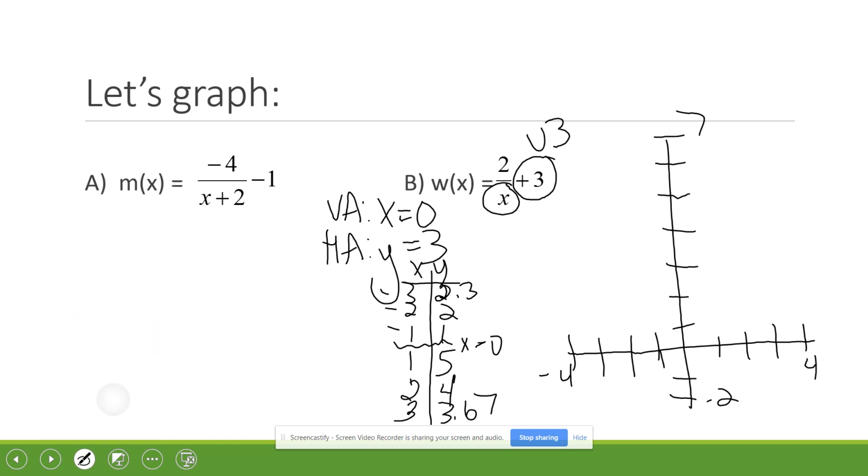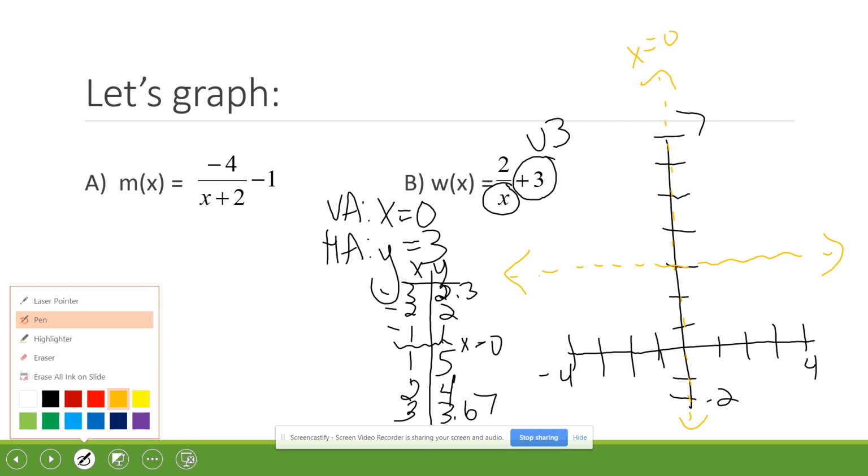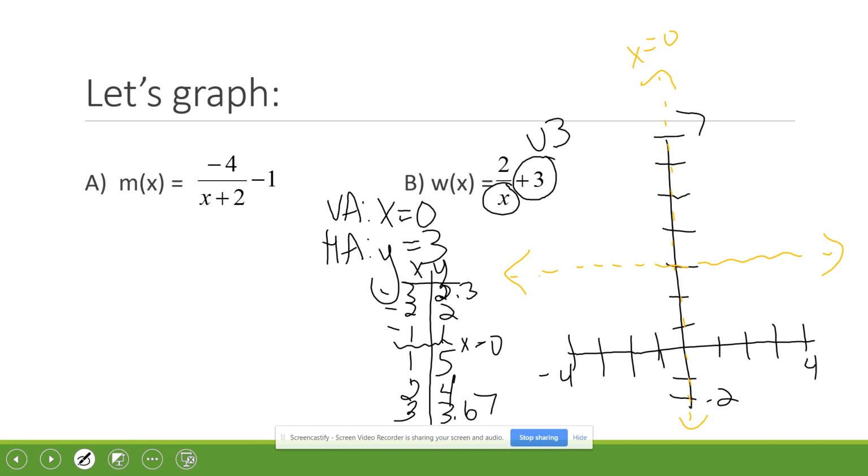I'm going to go ahead and put my asymptotes in. Here is my x is equal to 0, my vertical one, and then my horizontal one at y is equal to 3. And then plot my points. So I have -3, 2.3, about here, -2, 2, about right there, -1, 1, about right here.